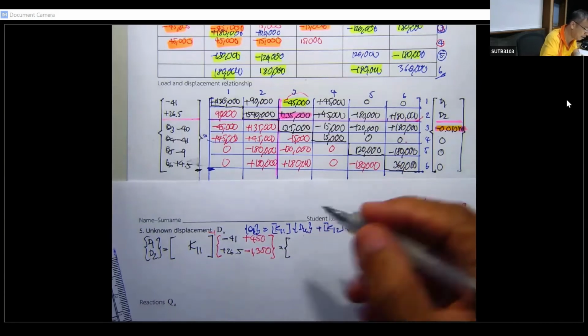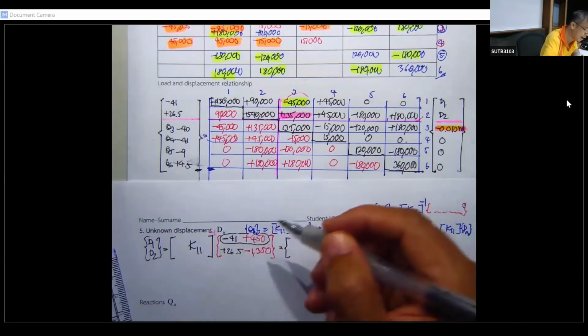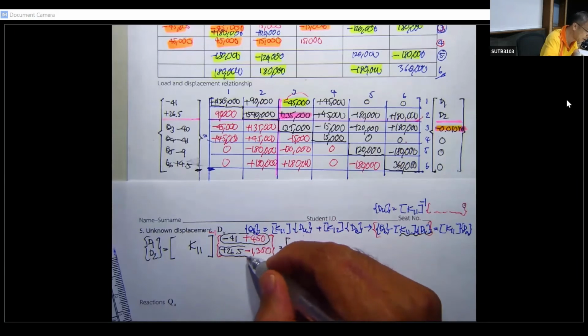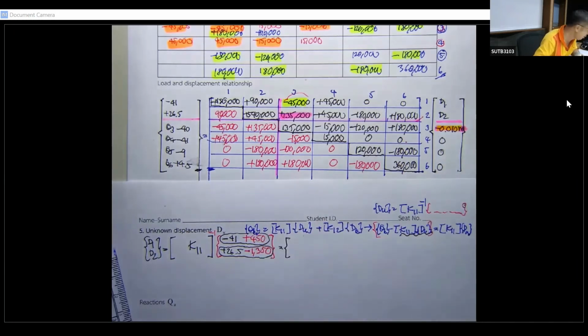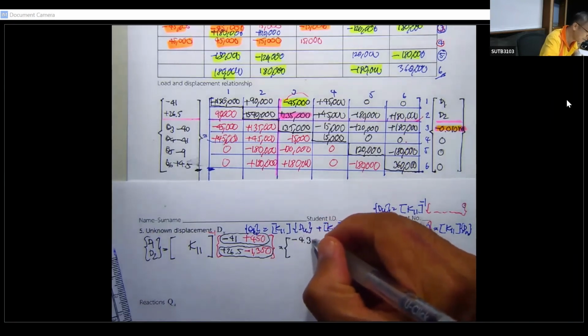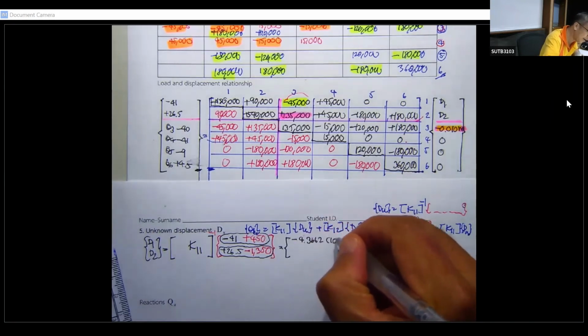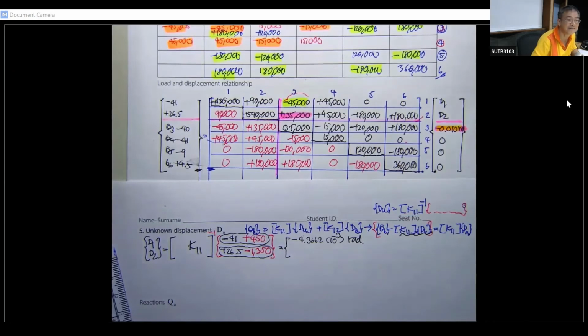And then after you put it properly into your calculator, it's not that hard. This portion just change to a number, and this portion just change to a number and put it together. You get this one to be minus 4.366 times 10 to the minus 3, and this is going to be in radian, okay?